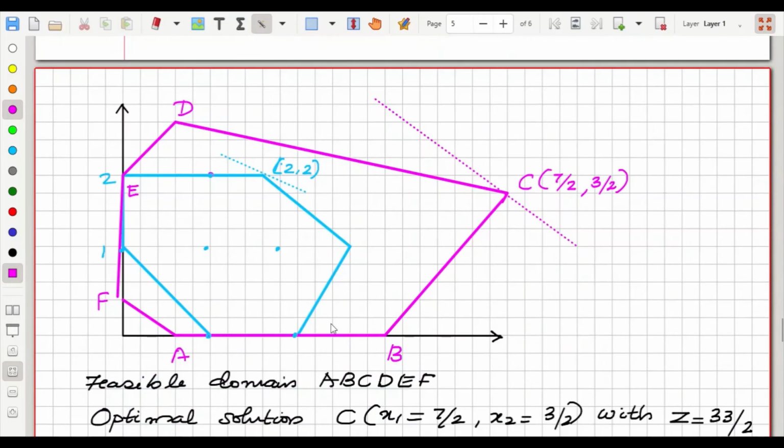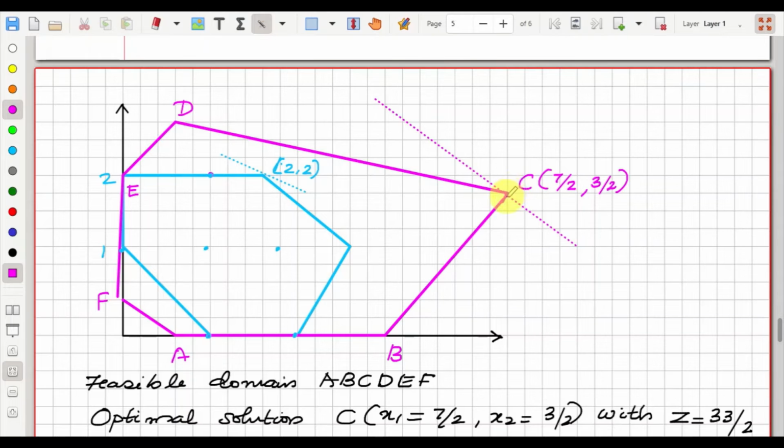How to solve this problem? We had already studied this graphical solution method. So our feasible domain is A, B, C, D, E, F, this magenta polygon. So we need to find the points.